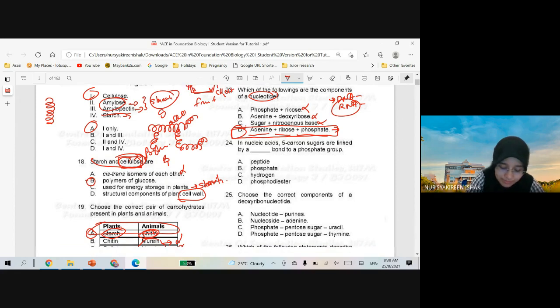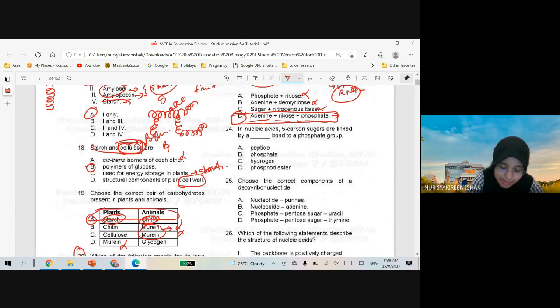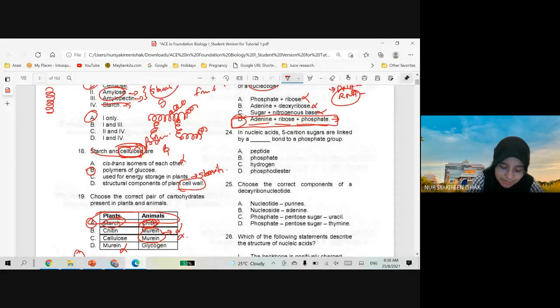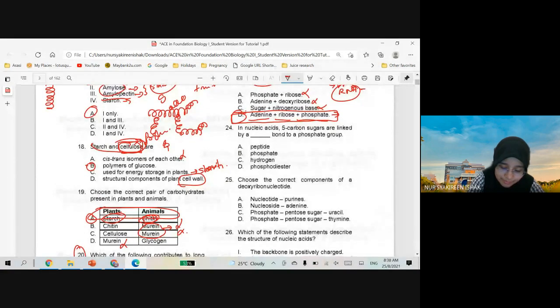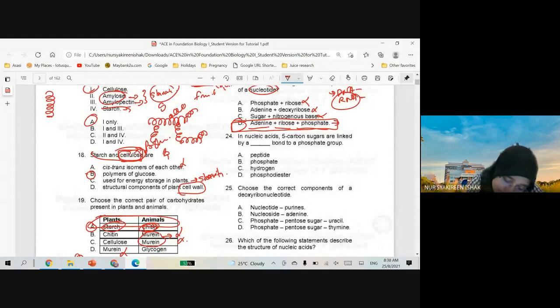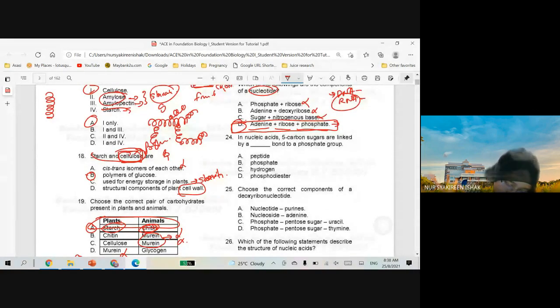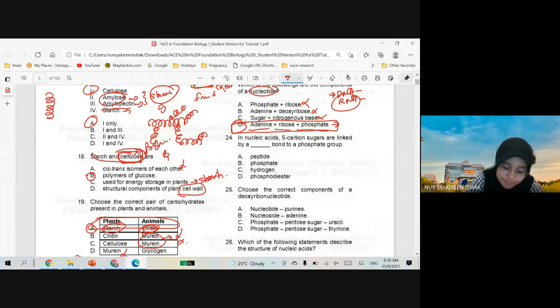So number 24, in nucleic acid, 5 carbon sugar are linked and bonded to a phosphate by a what? You have to name the bond. So what is your answer for 24?